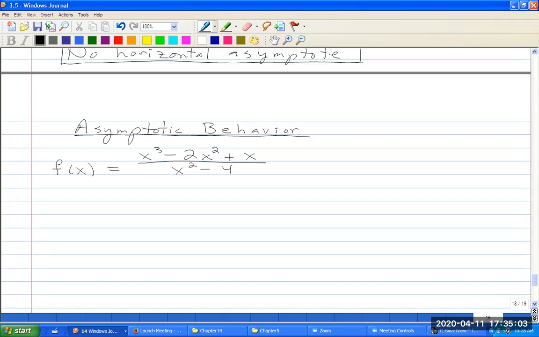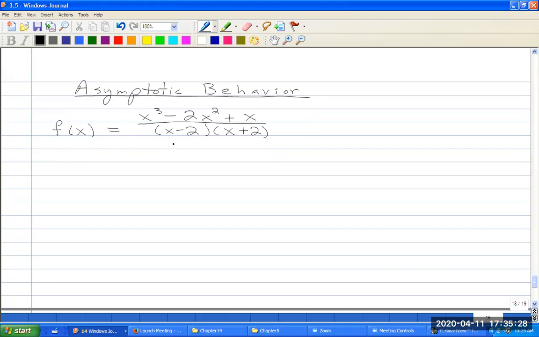Maybe I'll write the denominator as x minus 2, x plus 2. And so let's divide this. First, I'll do division by x minus 2.